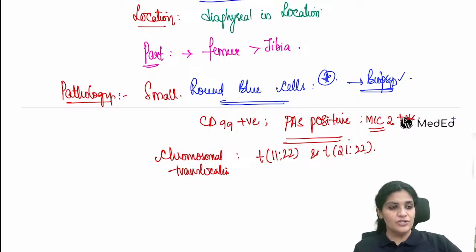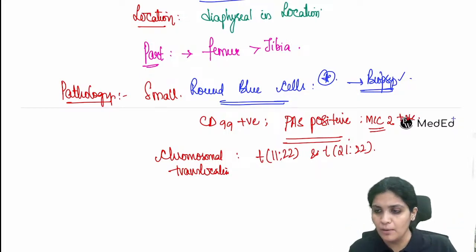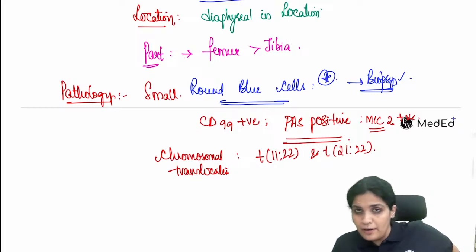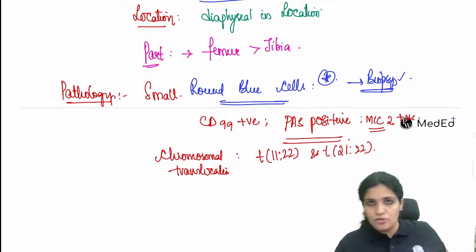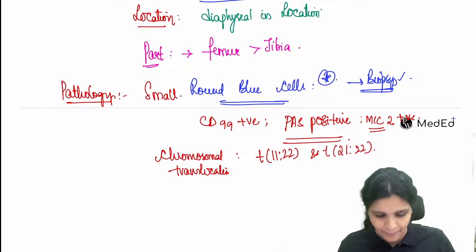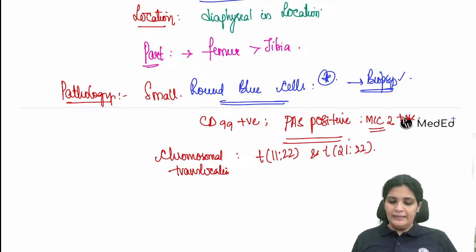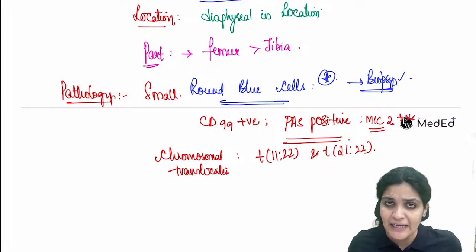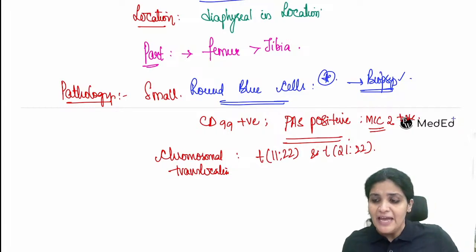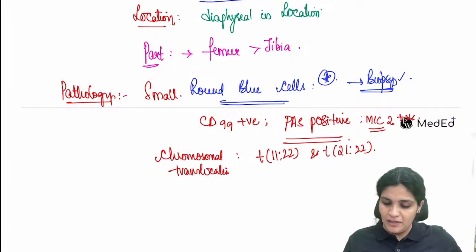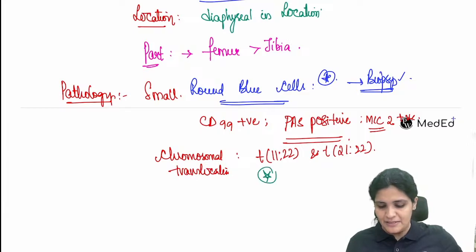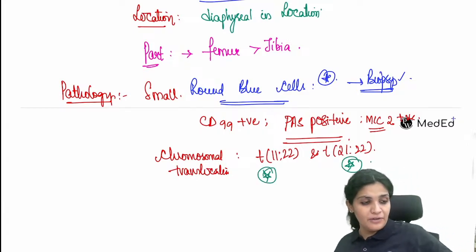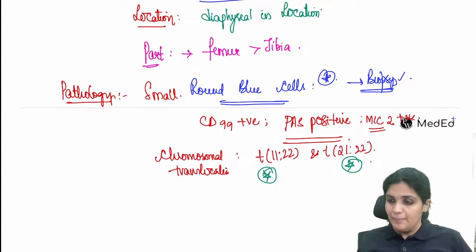These are certain immunohistochemistry findings which you have to remember on biopsy. It is also called blue cell sarcoma. The immunohistochemistry you know better from pathology, that it is CD99 and PAS positive, and this translocation is very, very important. This you have to mention in the exam, that is t(11;22) and t(21;22). These are the two important translocations you have to remember.